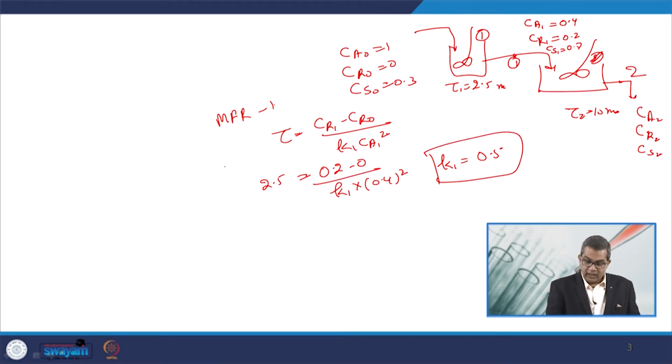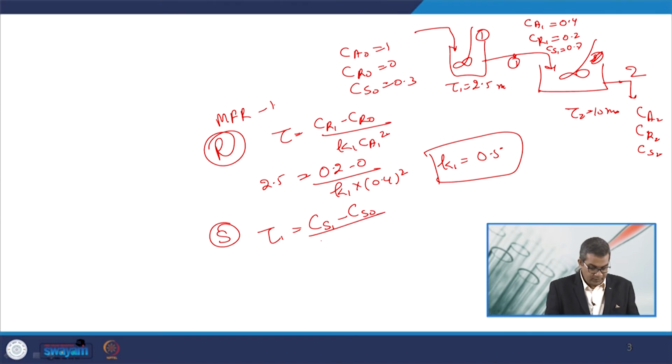Now for S, tau 1 is Cs1 minus Cs naught upon K2 Ca1. If we substitute the values, 2.5 equals 0.7 minus 0.3 upon K2 into 0.4, so K2 is equal to 0.4.